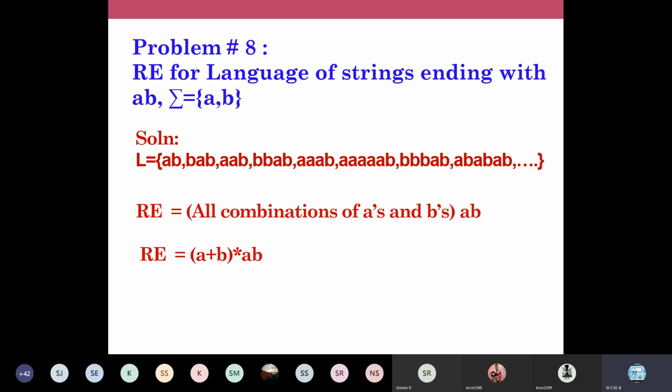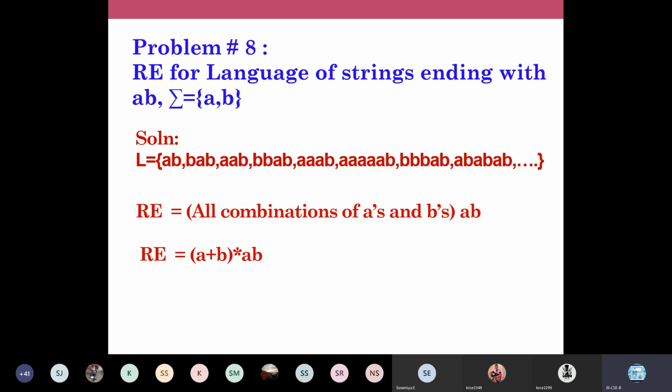For this, how can we write the regular expression? Your regular expression must end with AB. It means the first part will have all combinations of A's and B's, and then at the end you should write A followed by B. So the regular expression will be (a+b)*ab.